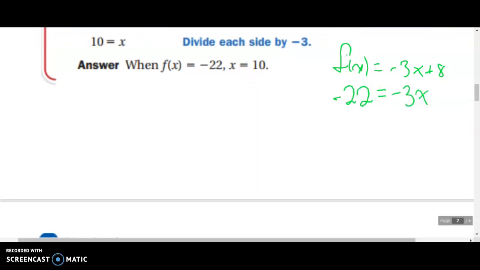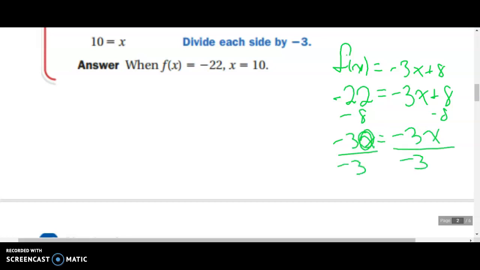Now, what do we notice about this? Now I have an algebraic equation where I'm solving for x. So I subtract 8 from both sides. I get negative 30 equals negative 3x. I divide by negative 3, I divide by negative 3, and I get 10 equals x. When I replace the whole f of x with negative 22, I find that x equals 10.